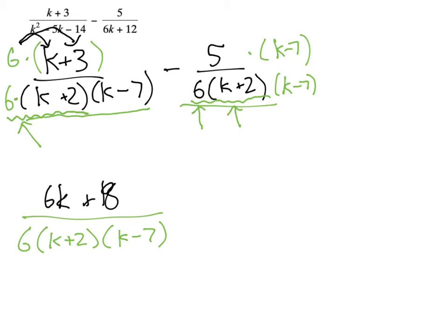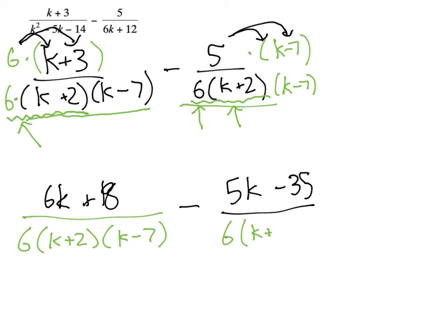Once again, we're multiplying with a polynomial, so we need to distribute: 5 times k gives us 5k, and 5 times -7 gives us -35. And now we have a common denominator of 6 times k plus 2 times k minus 7.